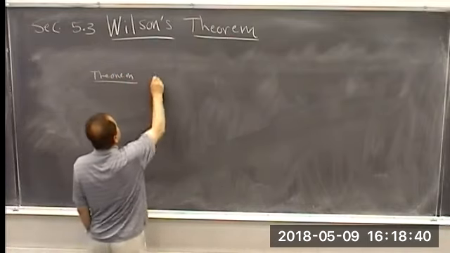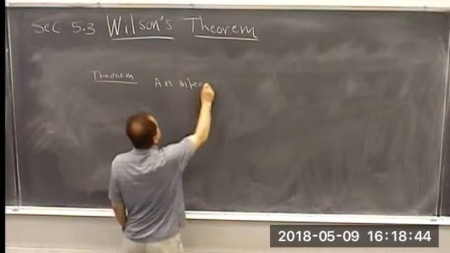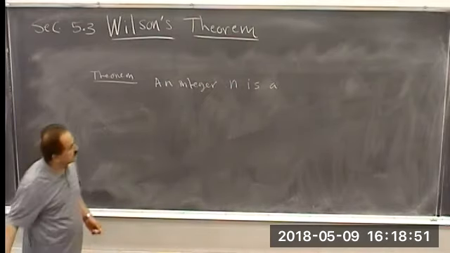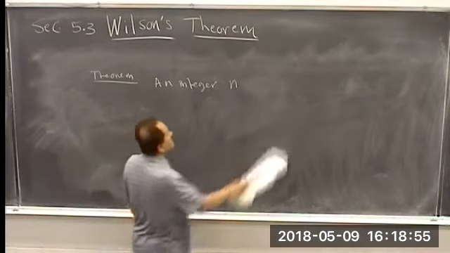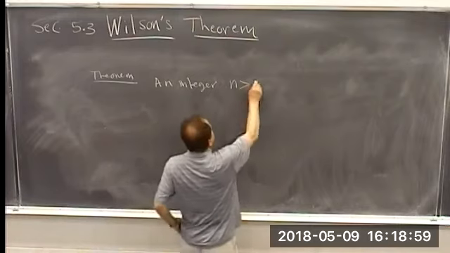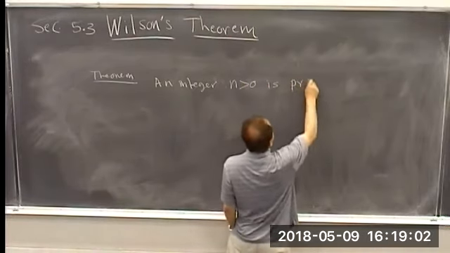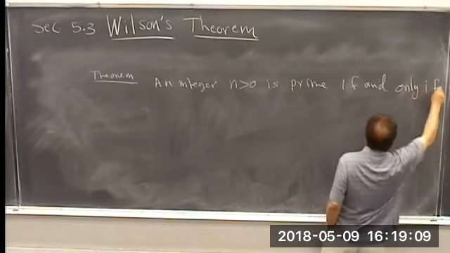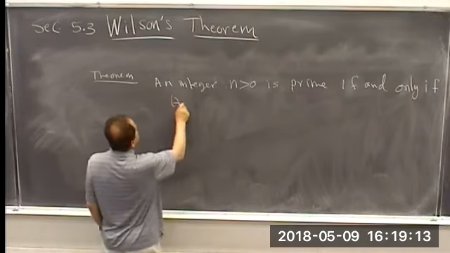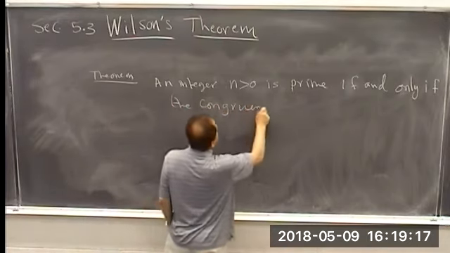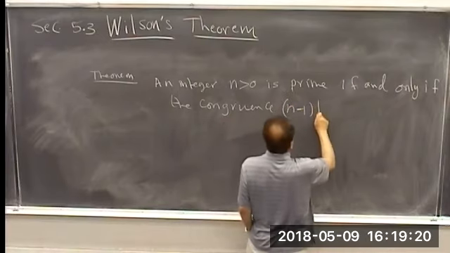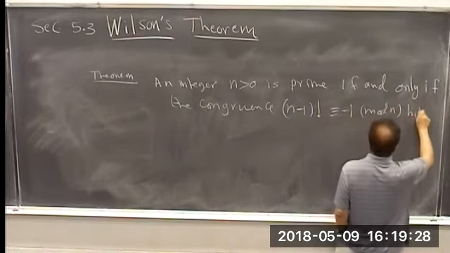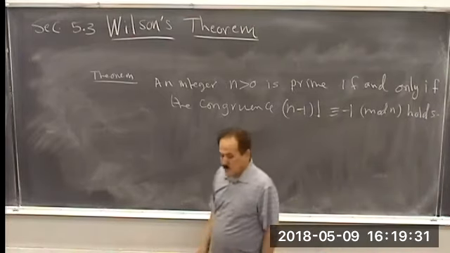A positive integer n, that is n bigger than 0, is prime if and only if the congruence n minus 1 factorial is congruent to negative 1 mod n holds.